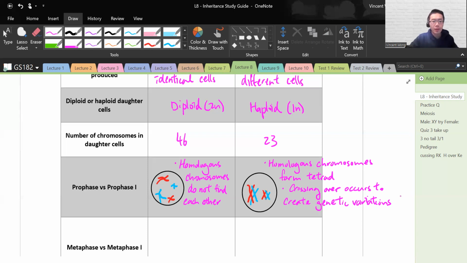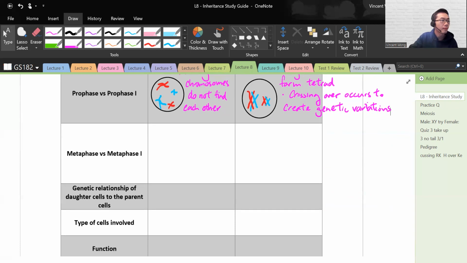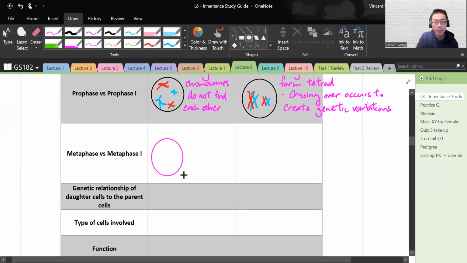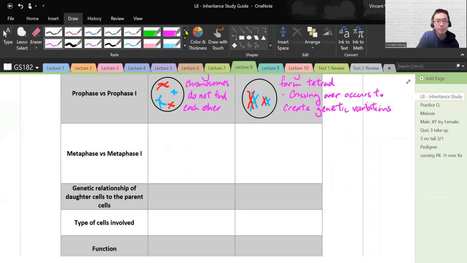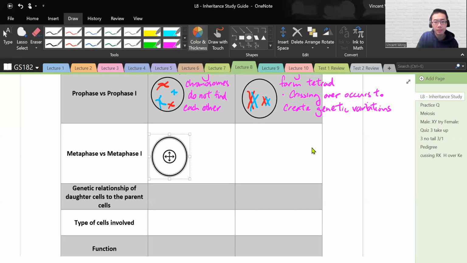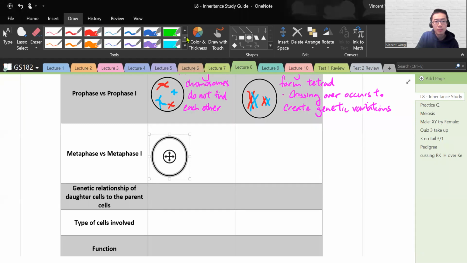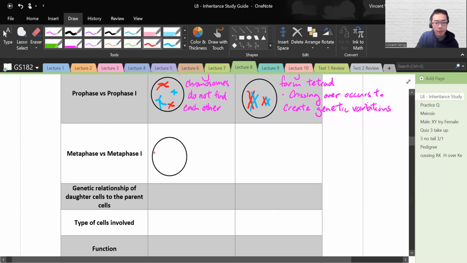So next, we have the metaphase. Okay, so in mitosis, the chromosomes will line up in the middle. Like you might have an X here, and then the smaller one represents chromosome 2, right?